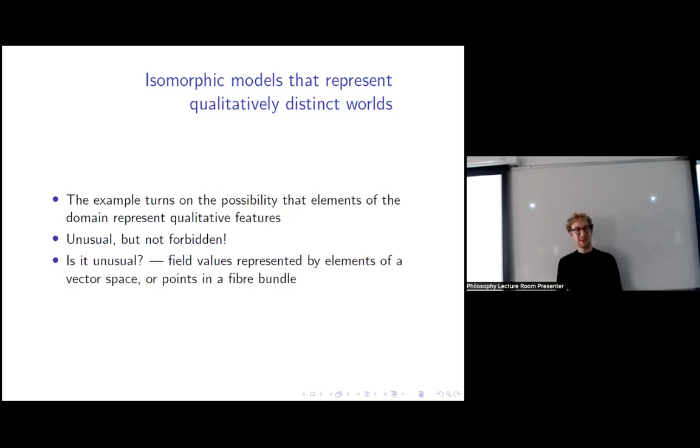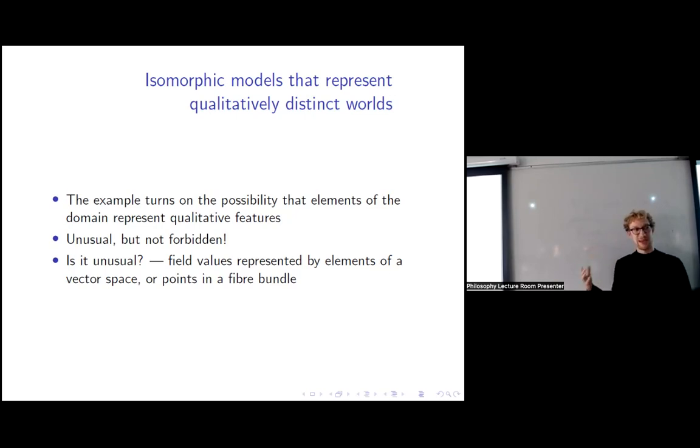In physics, I think we very often represent properties that we think of as qualitative as the elements of some structured domain. Think of a vector space, elements of which represent field values. We might think of field values as being qualitative features of the world, properties instantiated by space-time points.